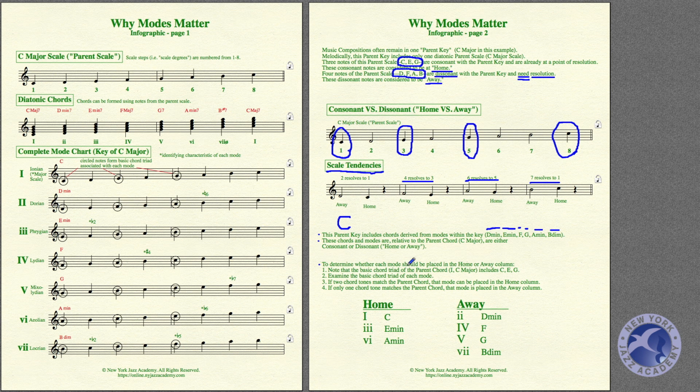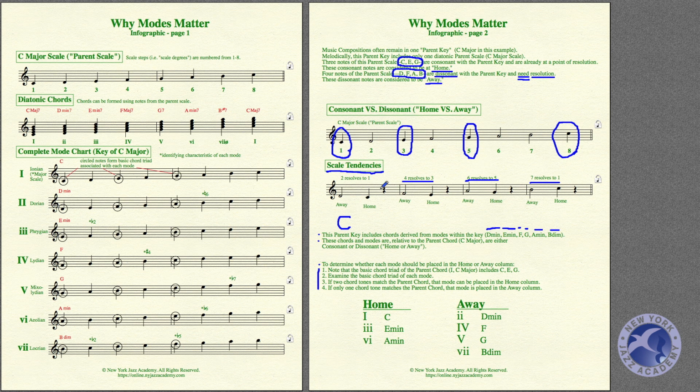To determine whether each mode should be placed in the home or away column, follow these 4 steps. Number 1. Note that the basic chord triad of the parent chord, which is the 1, the C major, includes C, E, G. I think we've noted that enough. Number 2. Examine the basic chord triad of each mode.